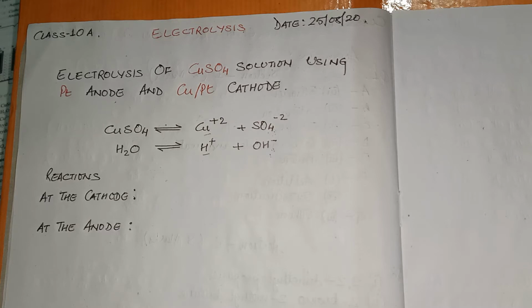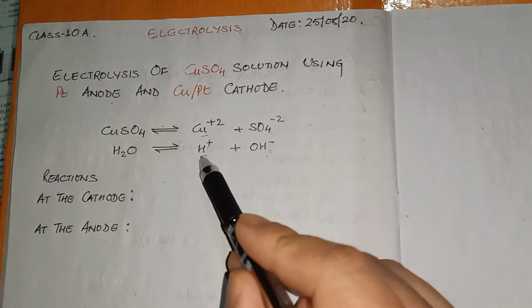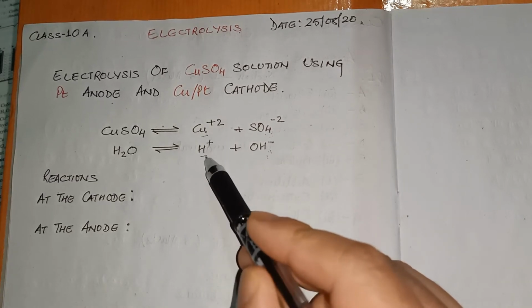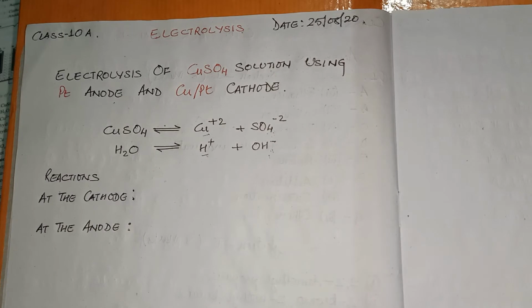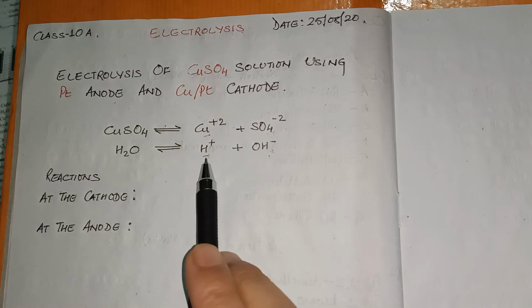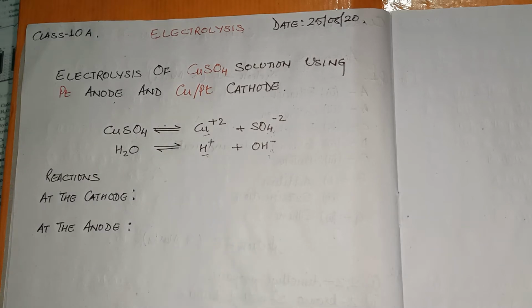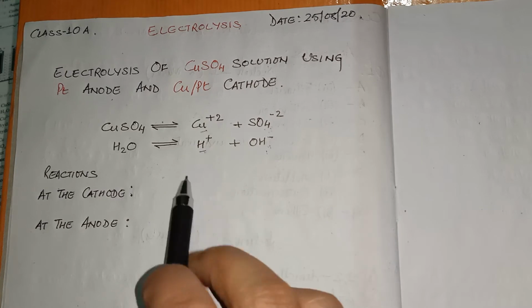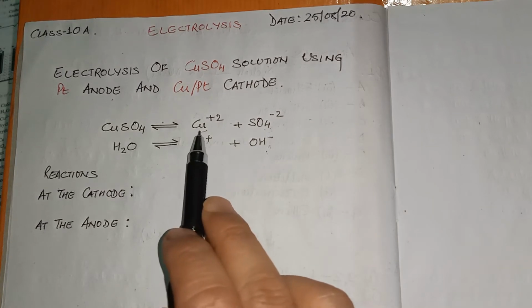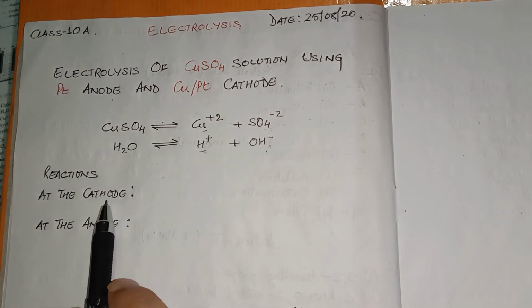If we take the cations, copper and hydrogen, in the reactivity series copper is lower in position compared to hydrogen, which means that copper will be more easily discharged. Remember, cations will move towards the cathode.